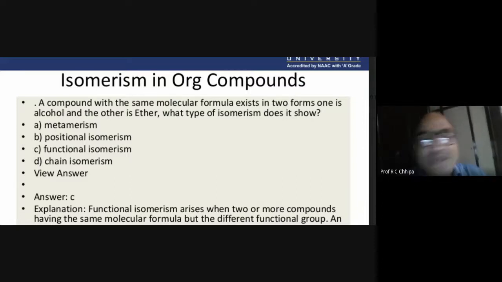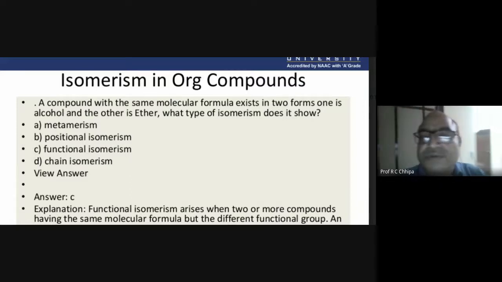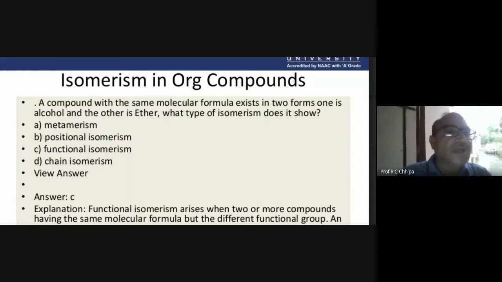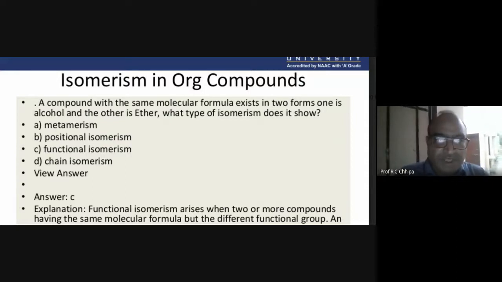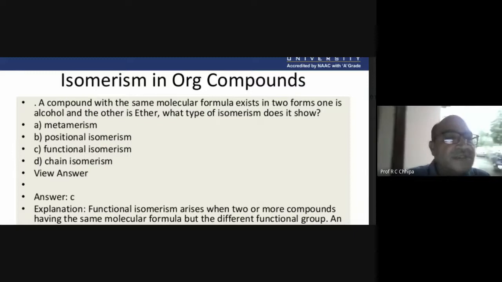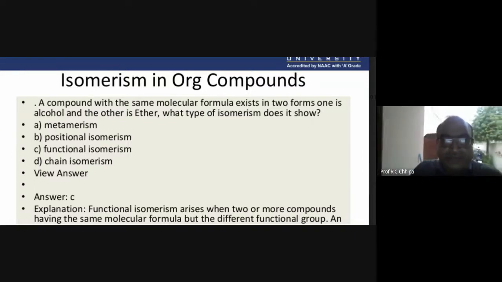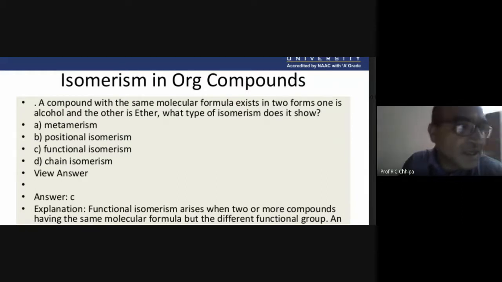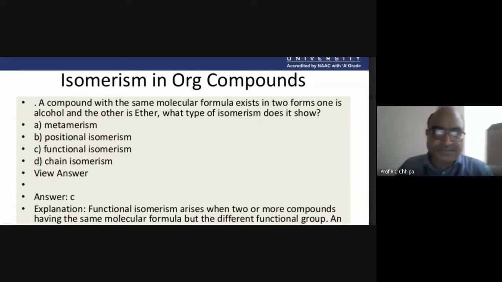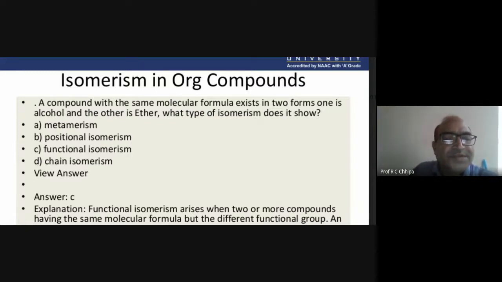This is the answer for that, and here also the chain isomerism, whatever, the correct answer is the C. So we can say that the correct answer itself is the C. There is the explanation for this one: functional isomerism arises when two or more compounds have the same molecular formula but different functional groups.